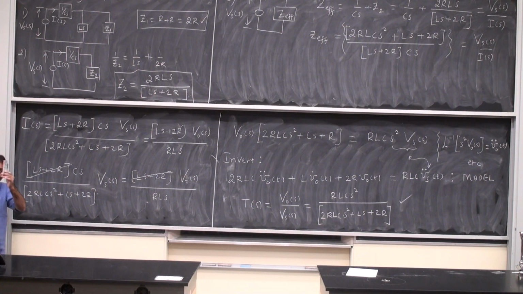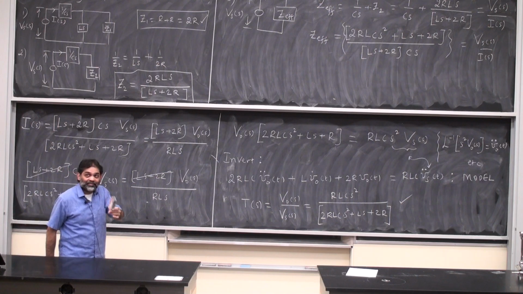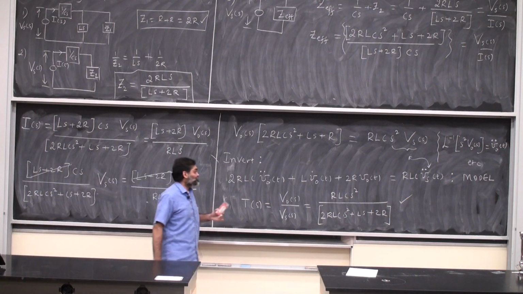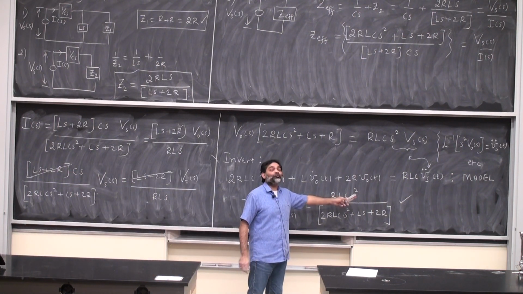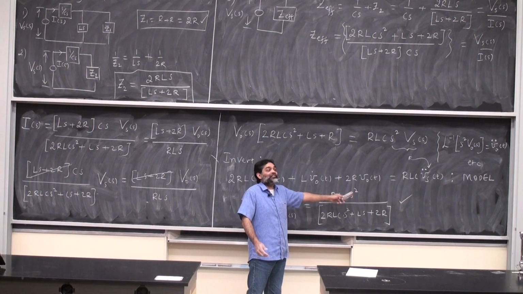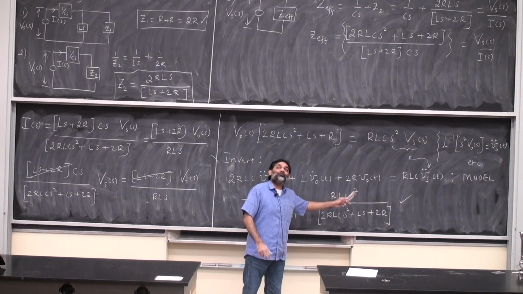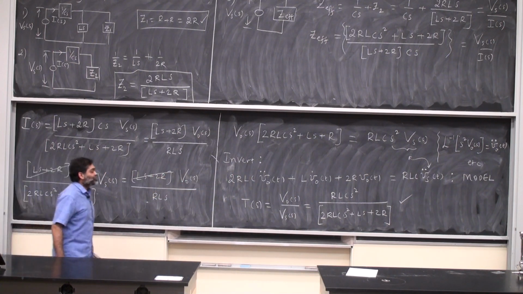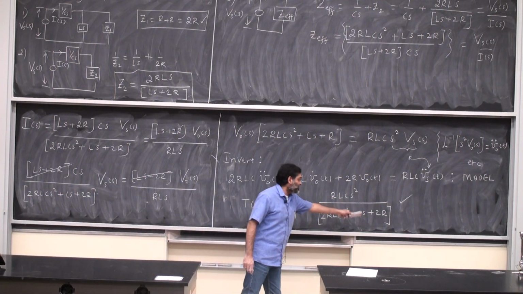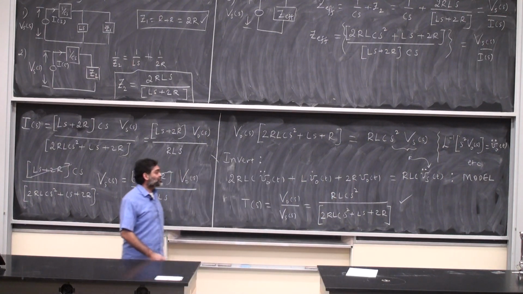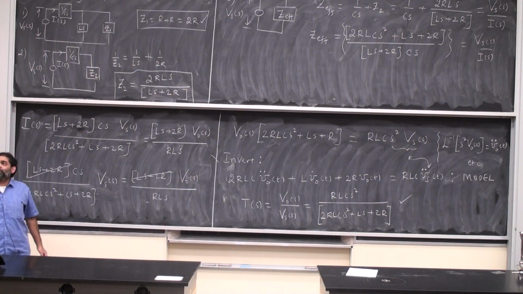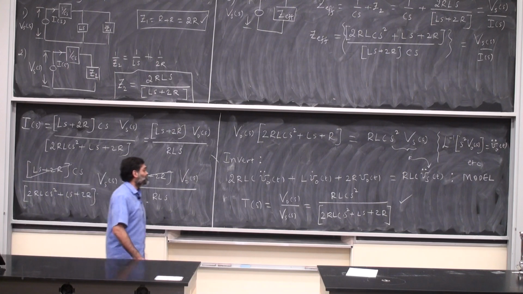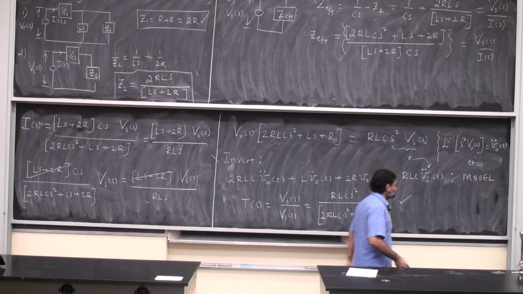What does it mean? I have a repeated zero, because of the presence of s square, but that is at the origin of the system, because the root of that is 0. So this is a repeated zero at the origin. It's a funny thing. And then obviously I have a second order system, so I'm going to have a pair of poles. They could be complex conjugate, they could be real repeated, real distinct. Who cares? We know how to handle all of that.